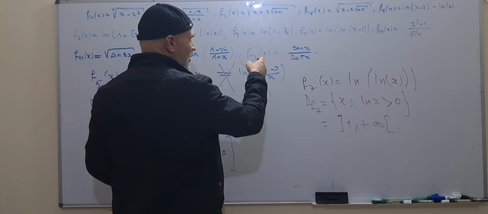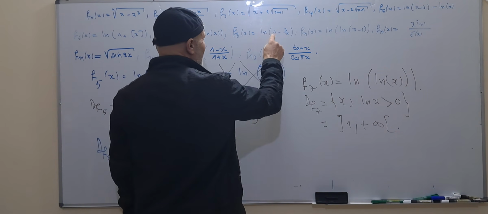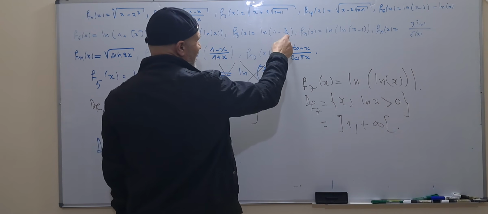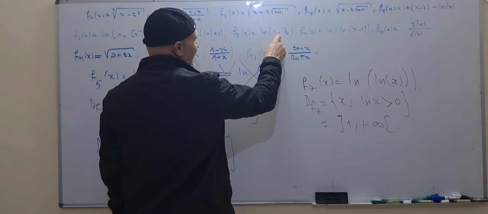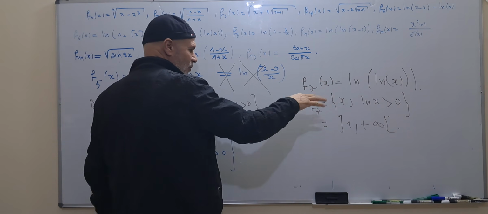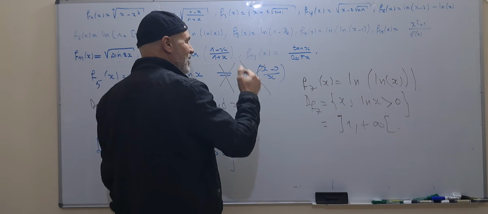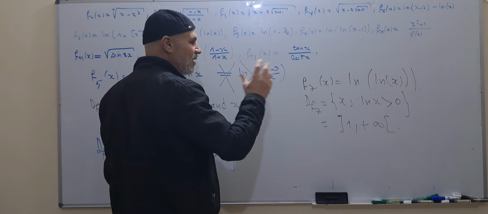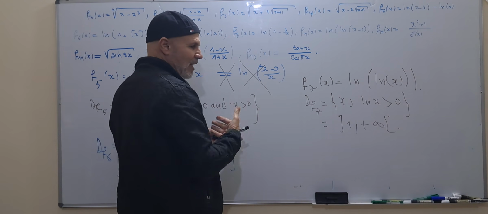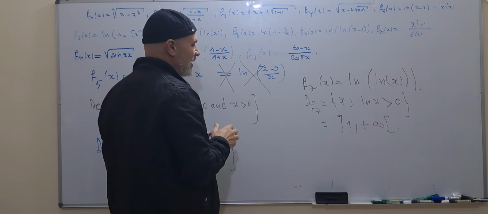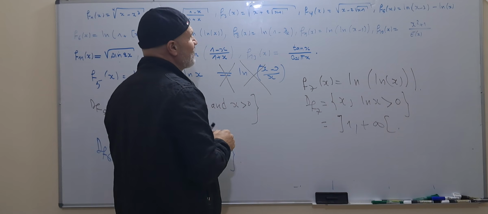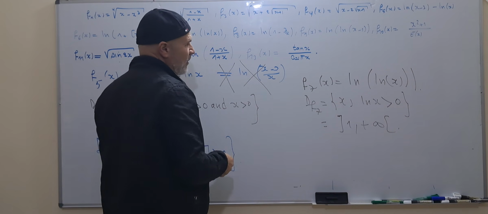We can do the same thing with ln of 1 minus 3 divided by x, so it will be x minus 3 divided by x. We make the table: x minus 3 positive negative, x positive negative. We take the product because it is actually as if we divide. Then we can find the domain of definition.